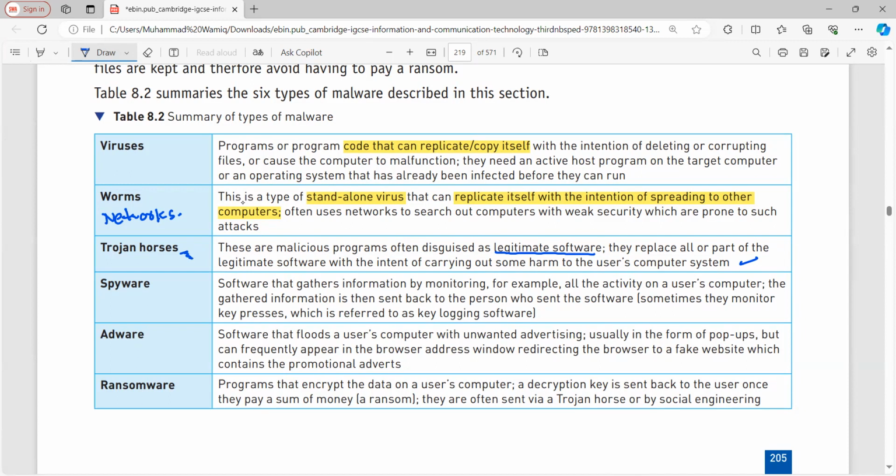The fourth one is spyware, and as the name says, it gathers information by monitoring. It spies on all of your activity, which websites you are going on and visiting, and it sends the details back to the attacker. Adware floods your computer with unwanted advertising, like, congratulations, buy all of these packages.